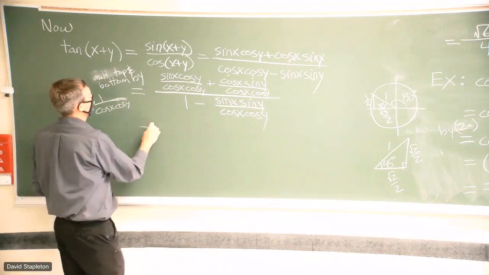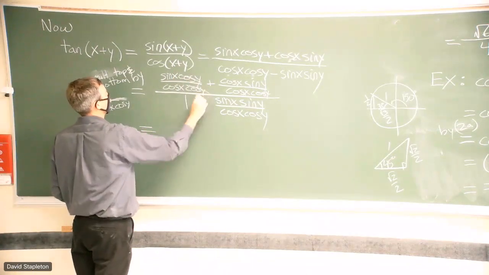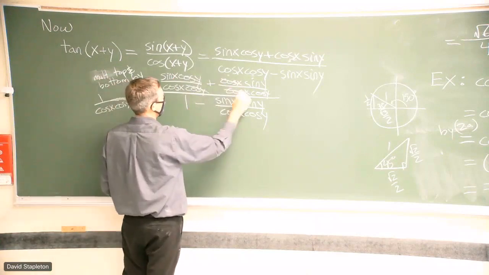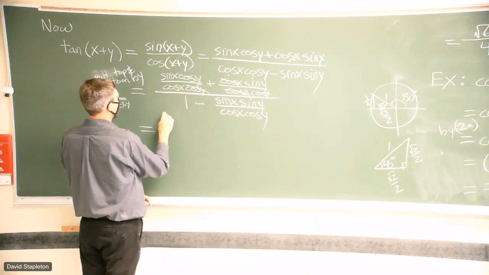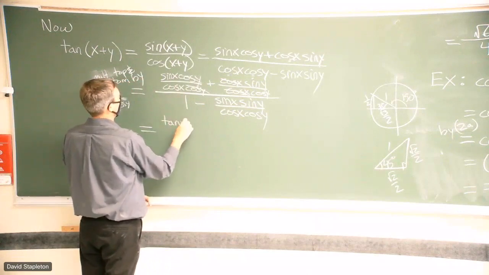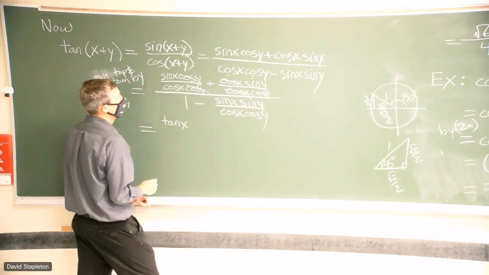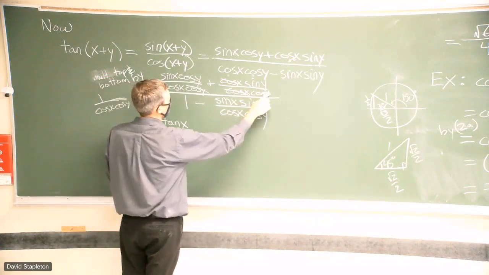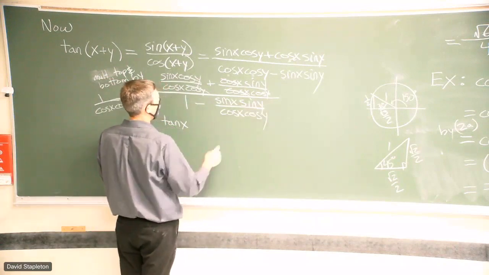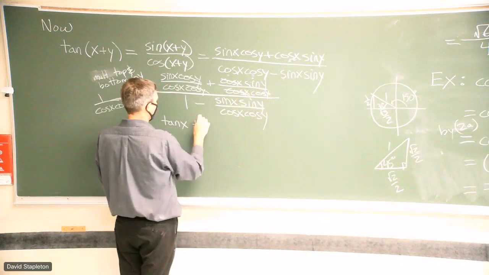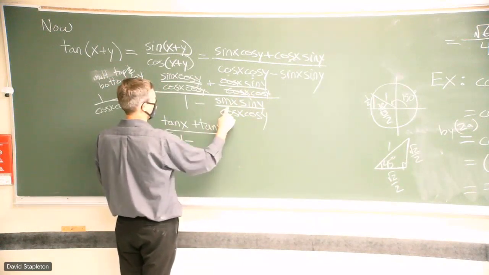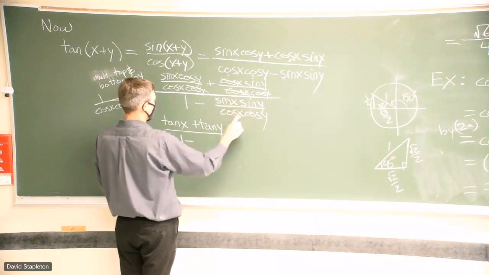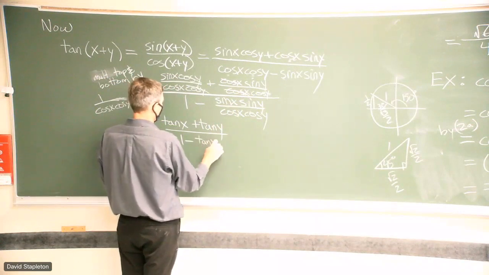Now what do I get? Cosine cancels cosine. This cosine cancels that cosine. I get sine over cosine is tangent. Sine over cosine is tangent. 1 minus sine over cosine is tangent times tangent.